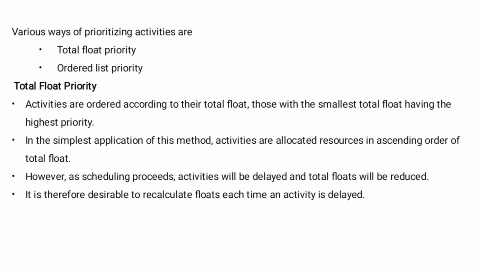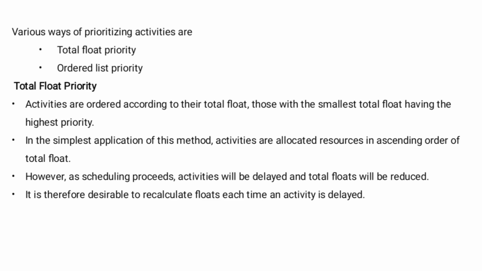Various ways of prioritizing activities are total float priority and ordered list priority. In total float priority, activities are ordered according to their total float, those with the smallest total float having the highest priority.